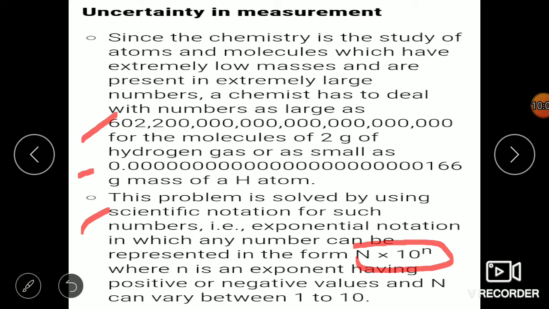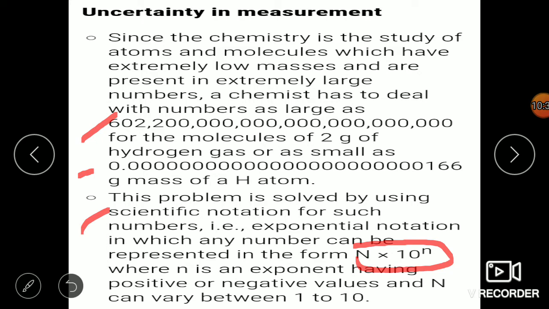Now, what are this capital N and small n in this presentation? The capital N has a numerical value from 1 to 10, okay, with one decimal point. That means if it is 6, you must write it like 6.0 something or 6.2, like that. So the value must be between 1 and 10 with one decimal point, and the small n is the power of 10.